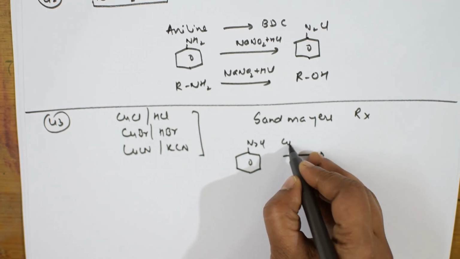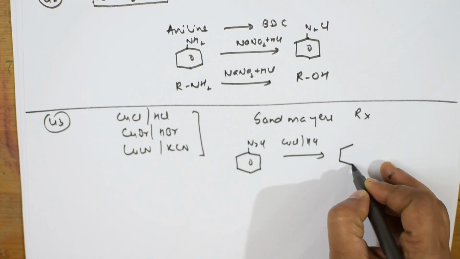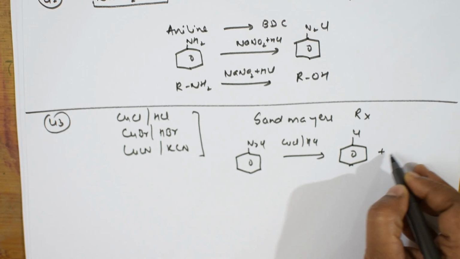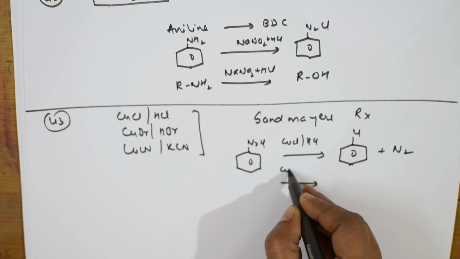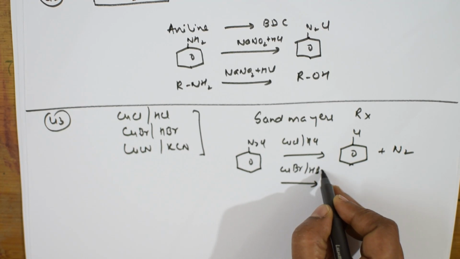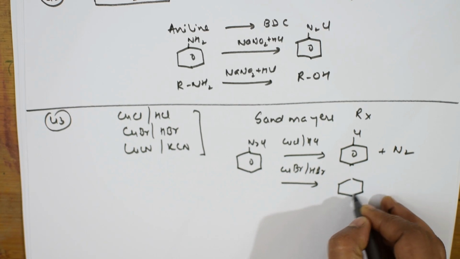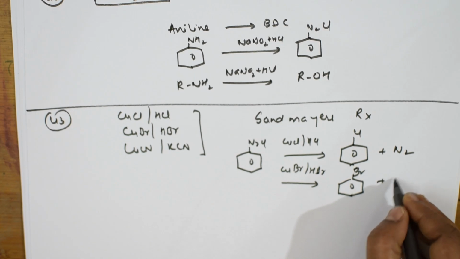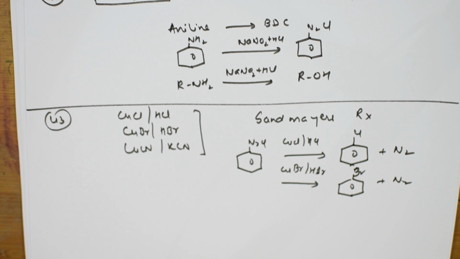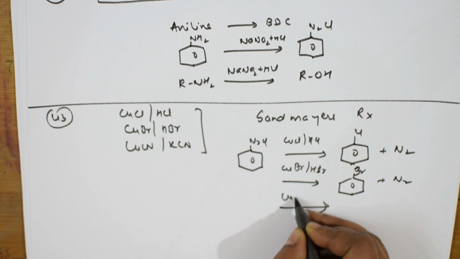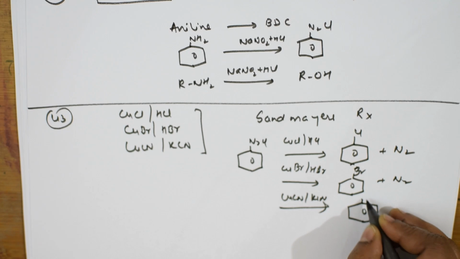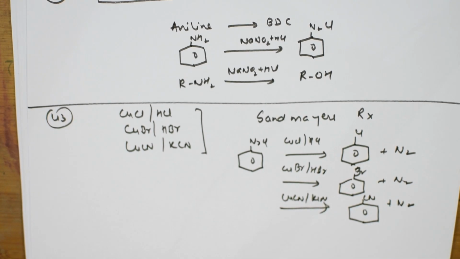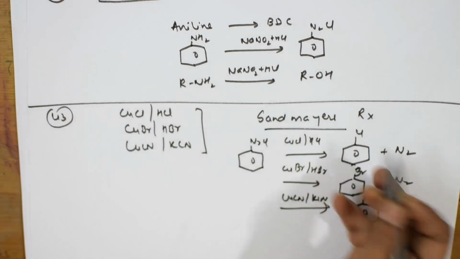If you introduce CuCl by HCl, it gets converted to chlorobenzene plus N2. If you take CuBr by HBr, instead of chlorine you get bromine, plus N2. Same thing if you introduce CuCN by KCN, you get cyano plus N2. Hope this is clear, students. This is called Sandmeyer's reaction.